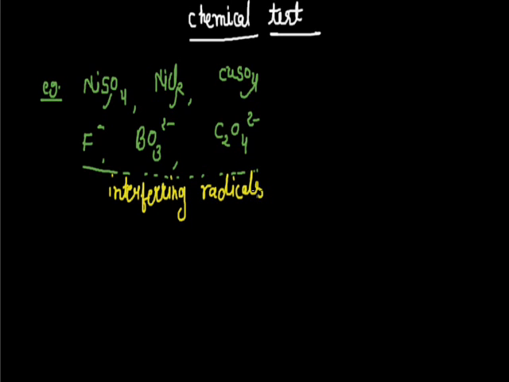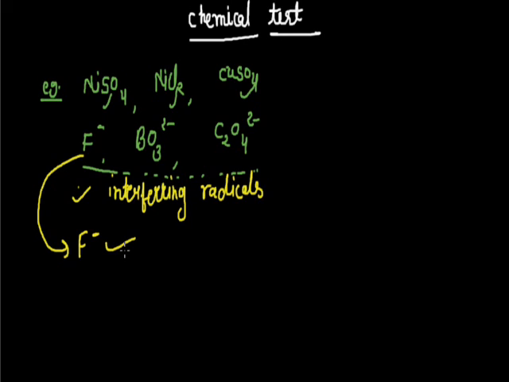Interfering radical means that if these three anions are present in our salt, then they interfere with the test of the cation. That is why they are called interfering radicals. So we always investigate the anion first, and if our salt has the anion F-, we first remove this F- from our salt.